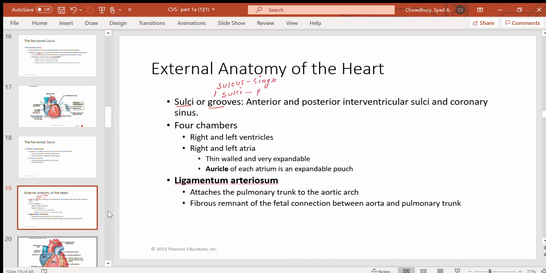Okay, that's the only difference. So if you see the heart from outside, you will see anterior and posterior interventricular sulci or grooves.